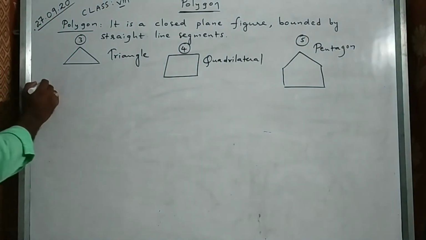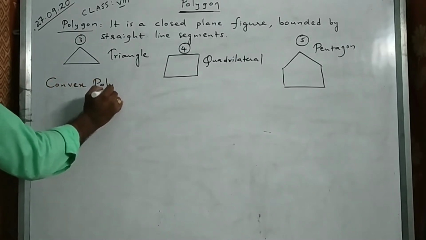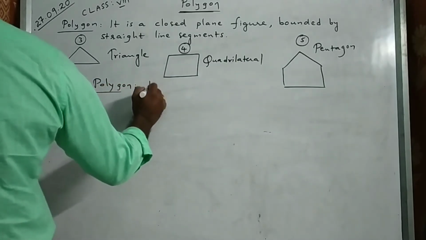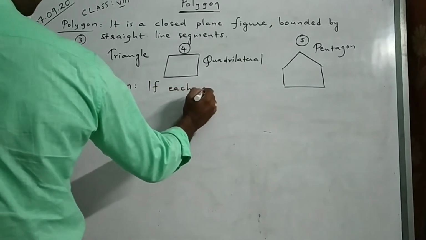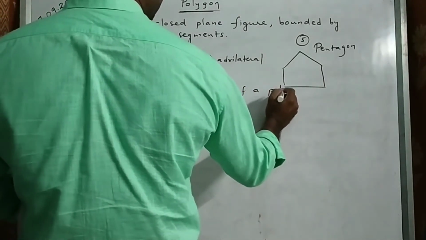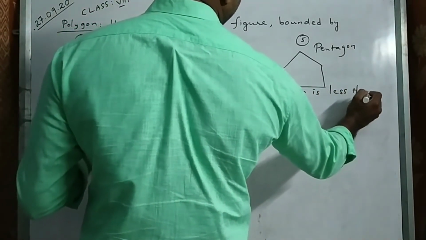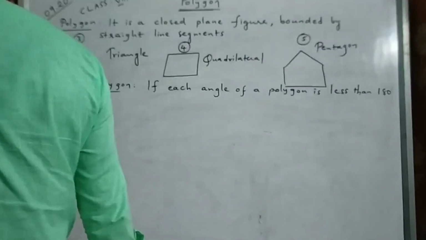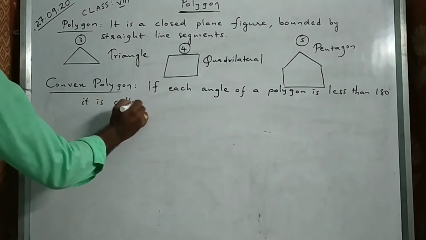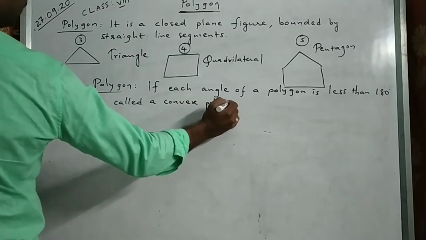Okay, we have 2 types of polygons, particularly convex polygon. Convex polygon means if each angle of a polygon is less than 180 degrees, it is called a convex polygon.